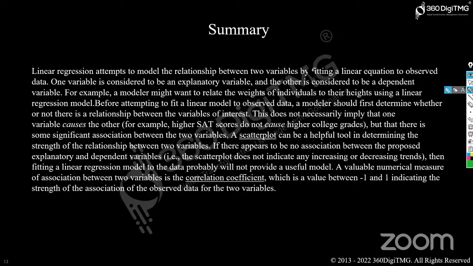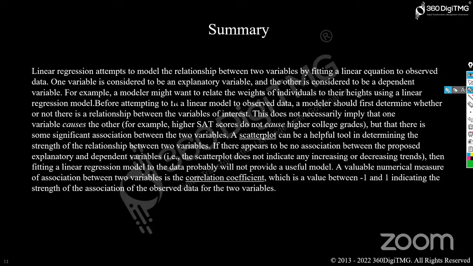So if I were to summarize it, linear regression attempts to model the relation between two variables by fitting a linear equation to observed data. One variable is considered to be an explanatory variable and the other is considered to be a dependent variable.